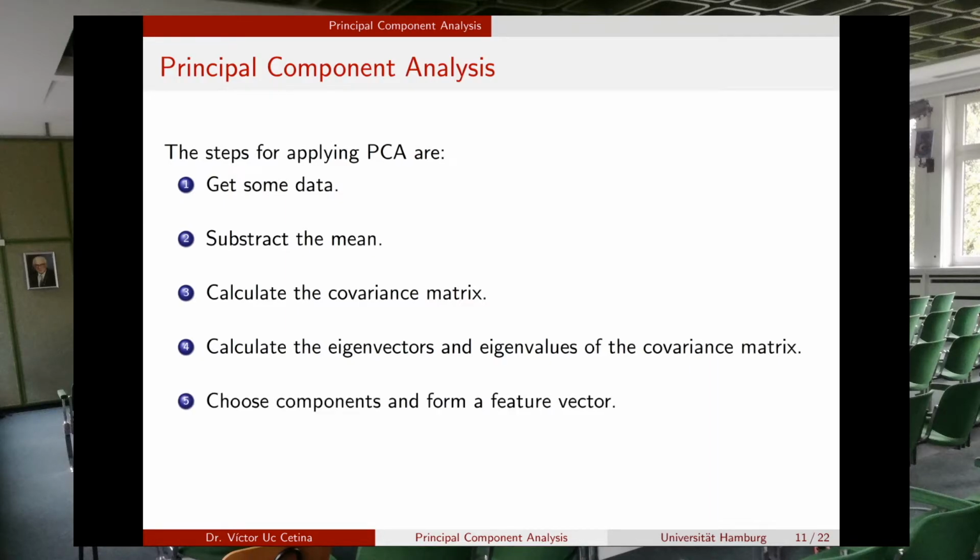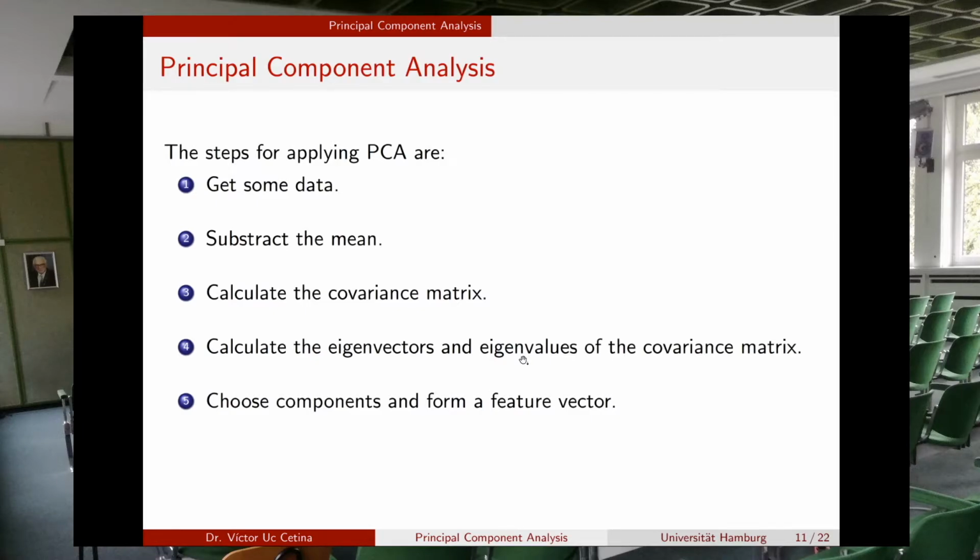Then you need to choose the components or the eigenvectors and form a feature vector, a new feature vector. So what you do is you rank all the vectors based on the eigenvalues. These eigenvalues are simply numbers, scalars, so you are interested in those values that are the largest ones.